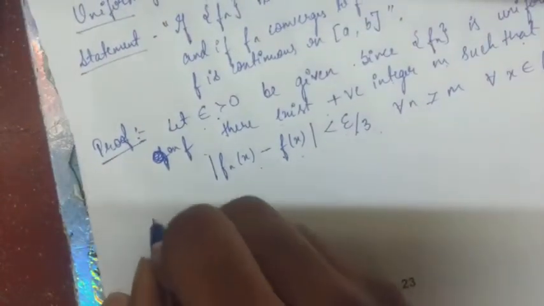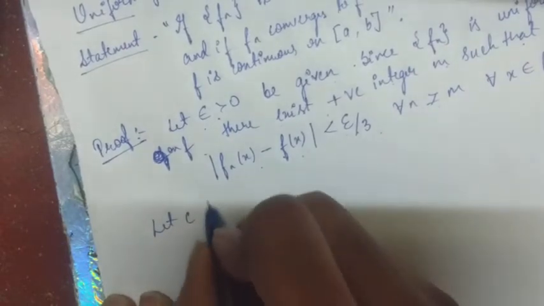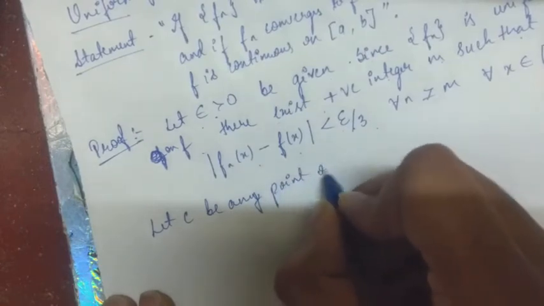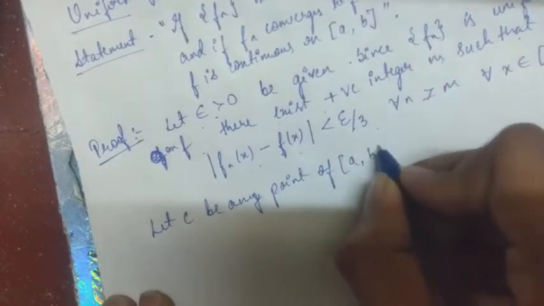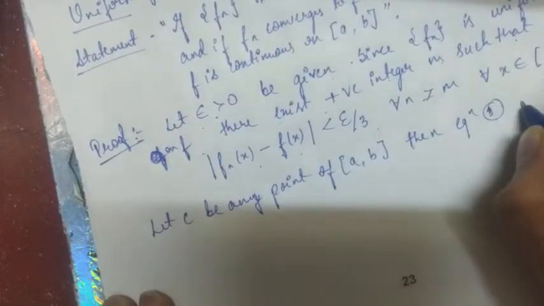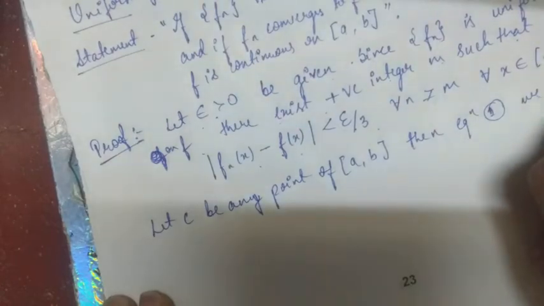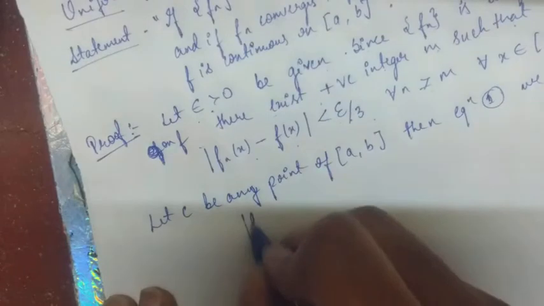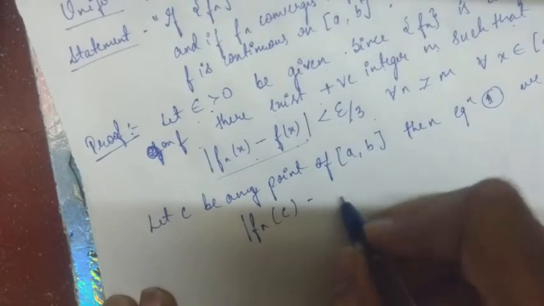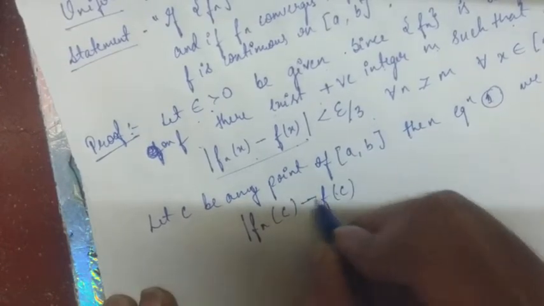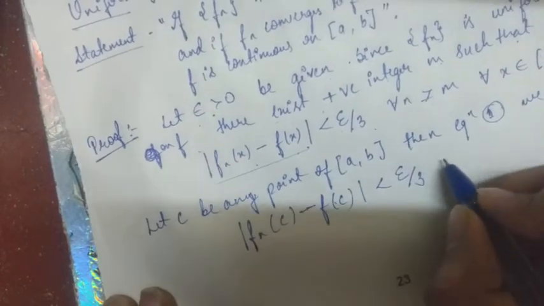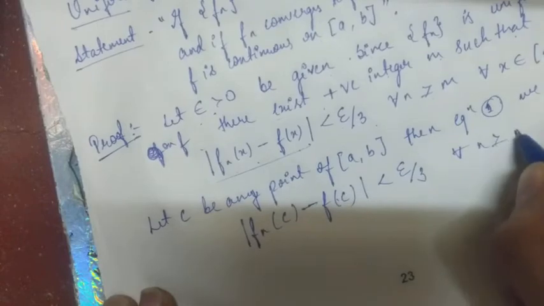So let's take another point, let it be c. Let c be any point of closed interval a comma b. Then, equation 1, from this equation we get that mod fn of c minus f of c is less than epsilon by 3 for all n greater than or equal to m.